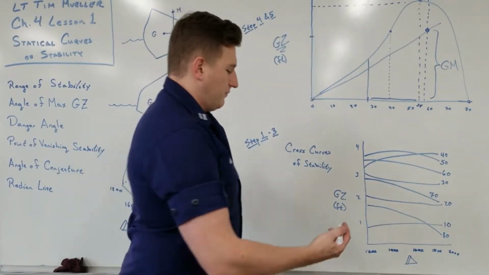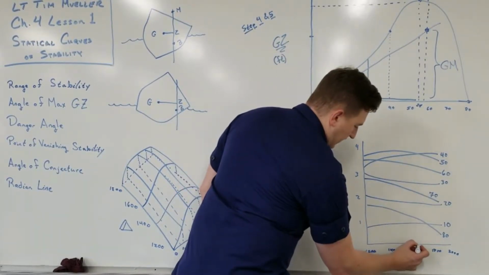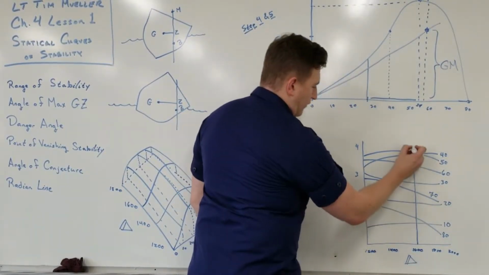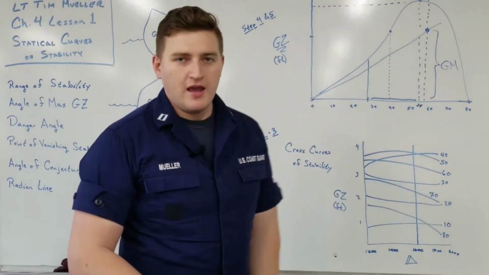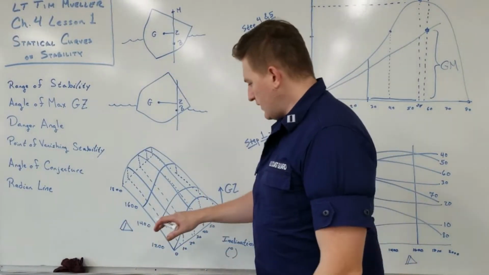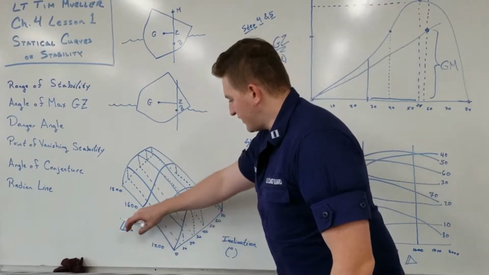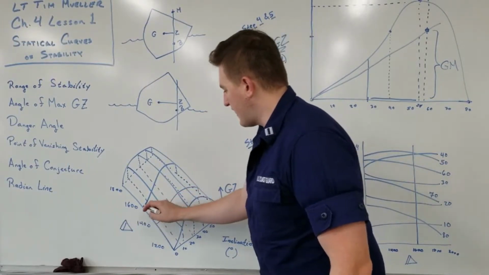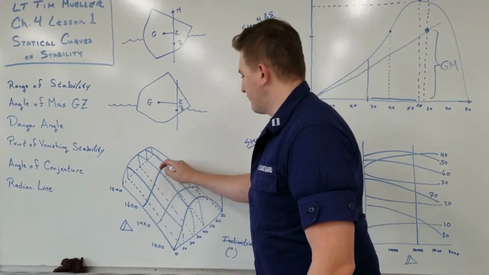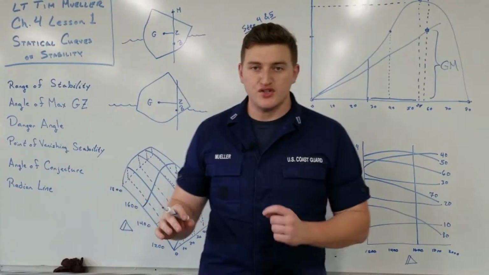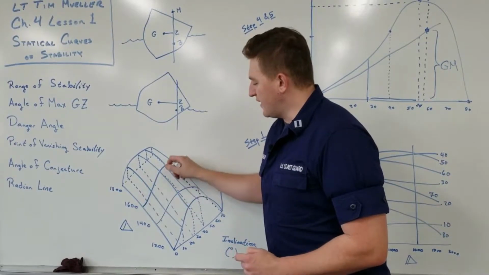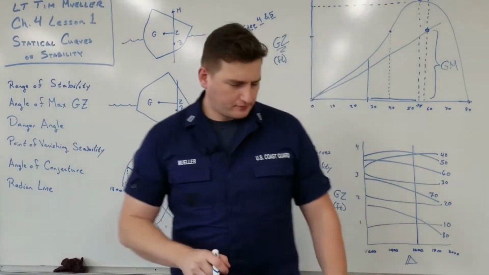So at 1,600 long tons, I'm just going to draw a straight vertical line all the way through all of our cross curves of stability. What that is doing is basically, at 1,600, drawing a line through all those cross curves of stability, so we're extracting just the information that we need at 1,600.